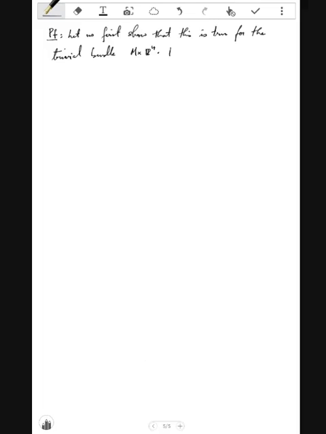So by induction on n, it suffices to prove this when n is equal to 1.